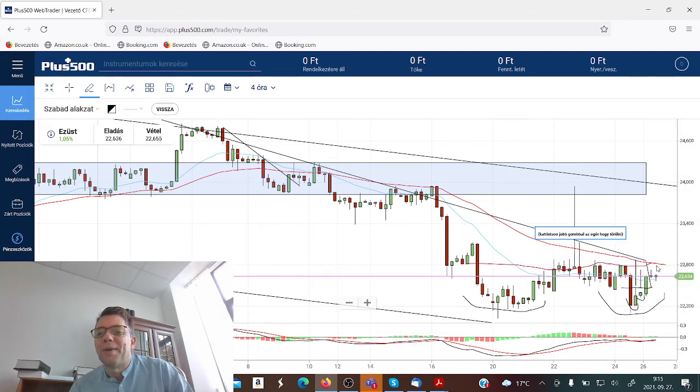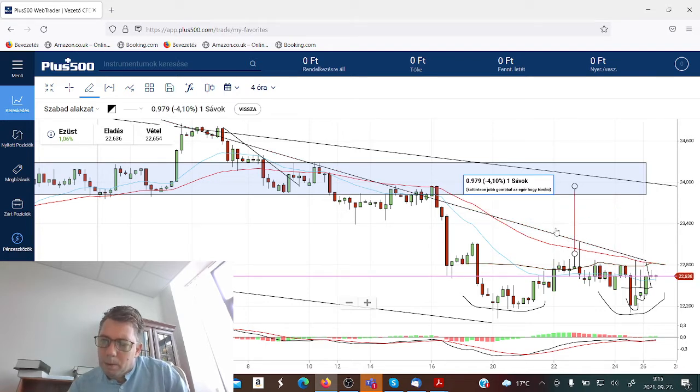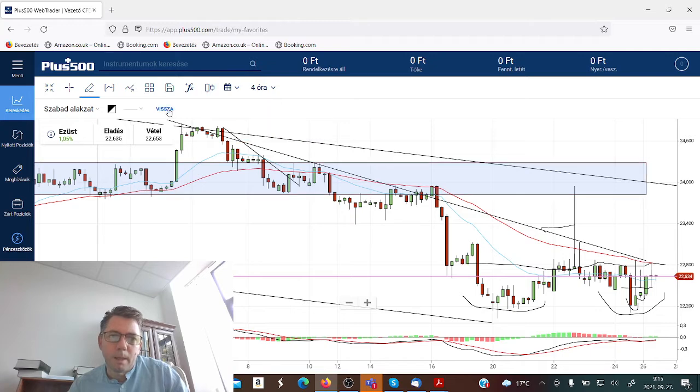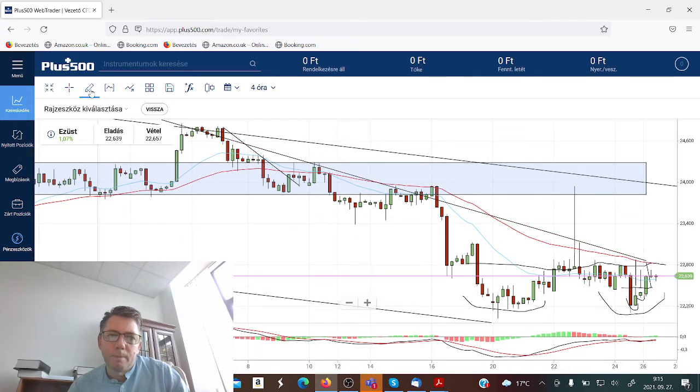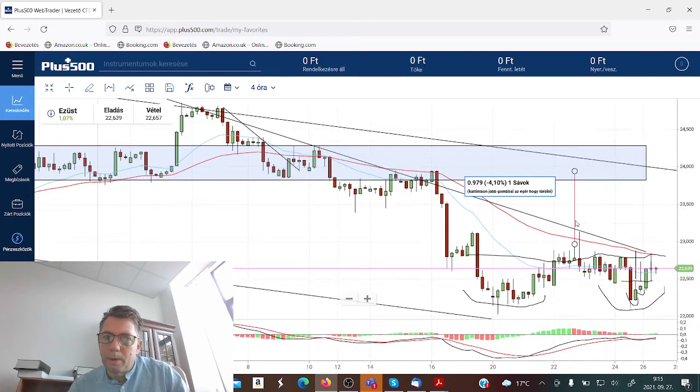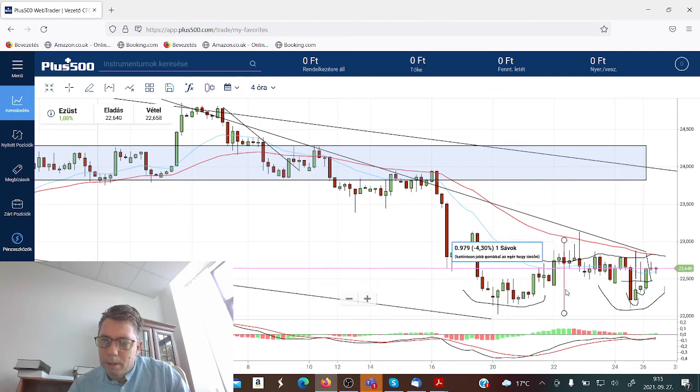So just our target price on the 1-hour time frame. So we need to break above that, but then I think I measure this one. Oops, I keep forgetting this. Okay, yeah, good. So the target price, the way we measure it, is from the top to the bottom, all the way to the bottom.